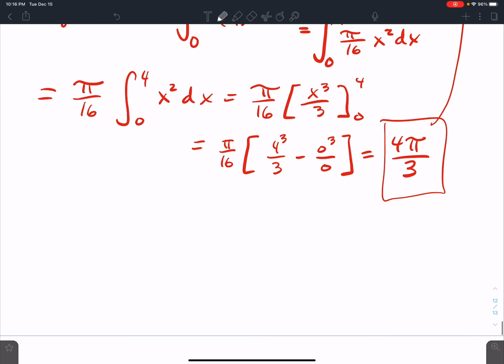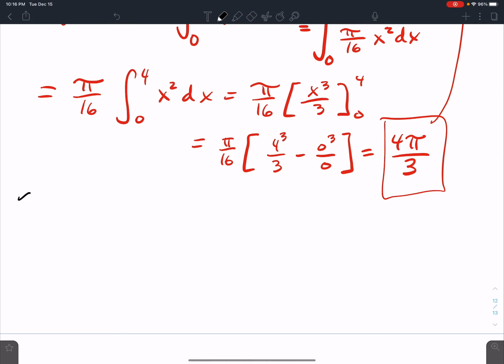Let's see if we can find the volume of another shape.